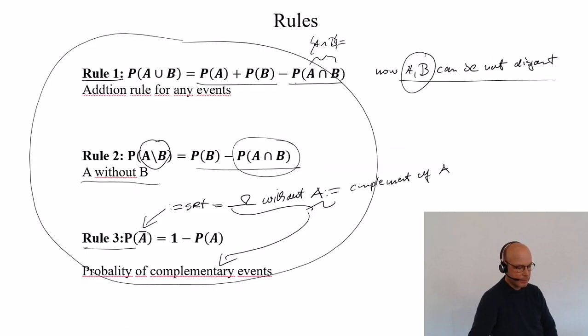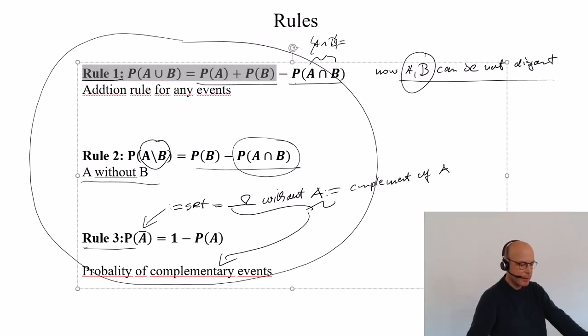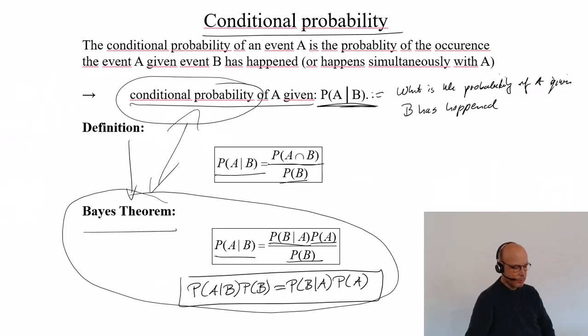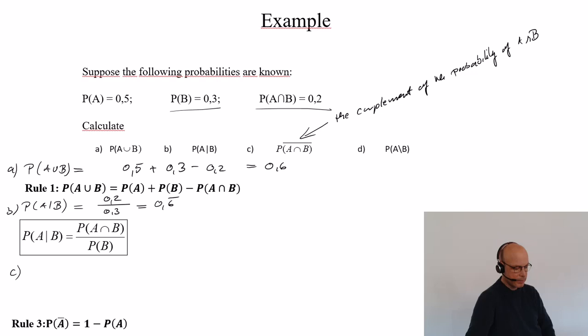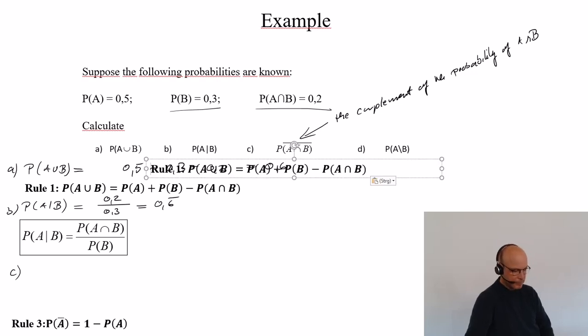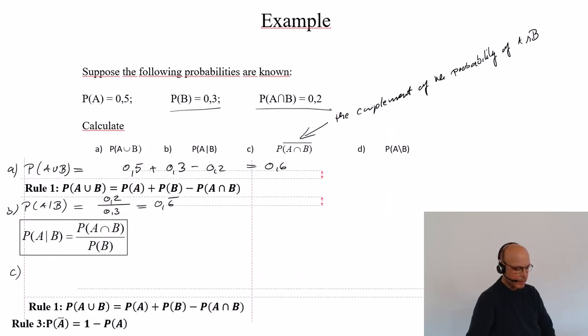And where do we find A and B? There we have again rule 1. This we have here.